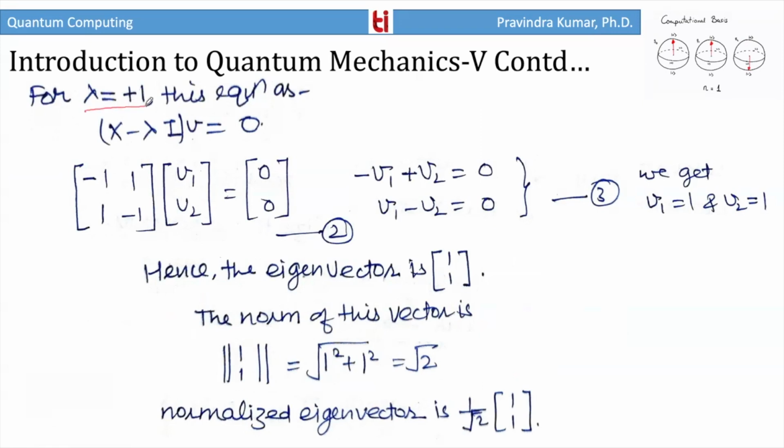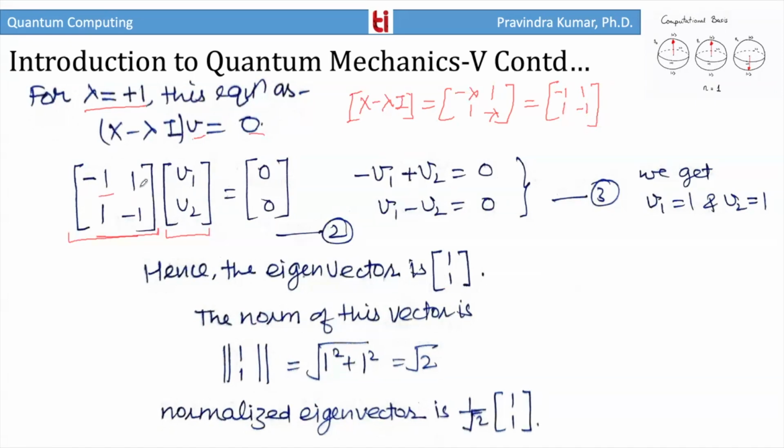Now to find the eigenvector corresponding to eigenvalue lambda plus 1. From the previous slide, X minus lambda I is minus lambda, 1, 1, minus lambda. If lambda is plus 1, this will be equal to minus 1, 1, 1, minus 1. So X minus lambda I times the eigenvector v, which is v1, v2, is equal to 0, 0.